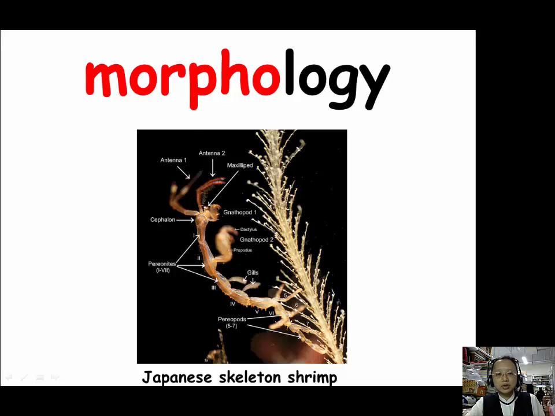Like when we want to describe this Japanese skeleton shrimp, we use a lot of terms like the head, cephalon, and the antenna, and then the pereopod. All of these terms are the morphology of the Japanese skeleton shrimp.